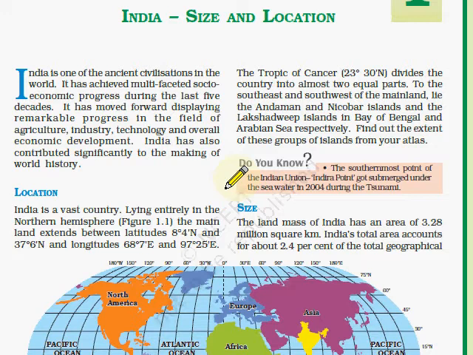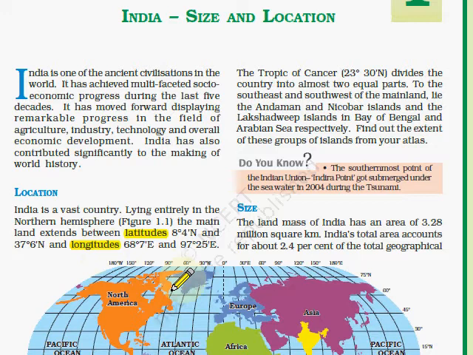In this chapter they have given the importance of the parameters we use to point out locations. For example, we use latitude, which are horizontal lines, and longitude, which are vertical lines, used in mapping so that the location of any country or place can be seen.